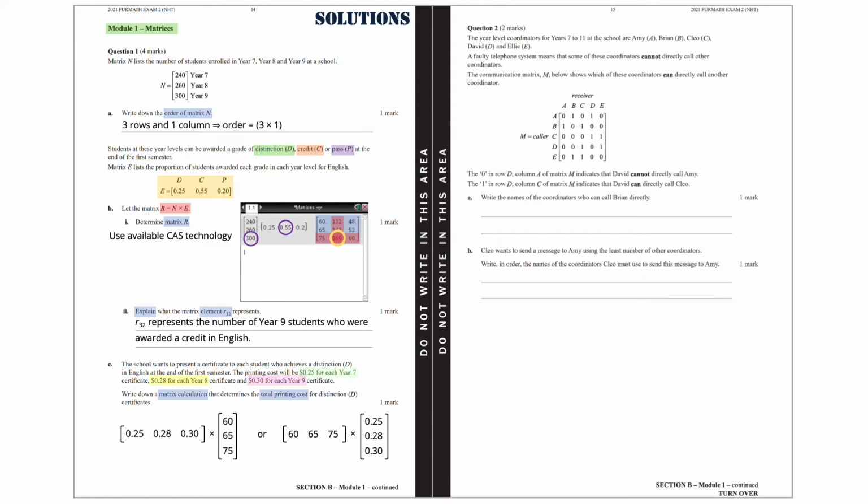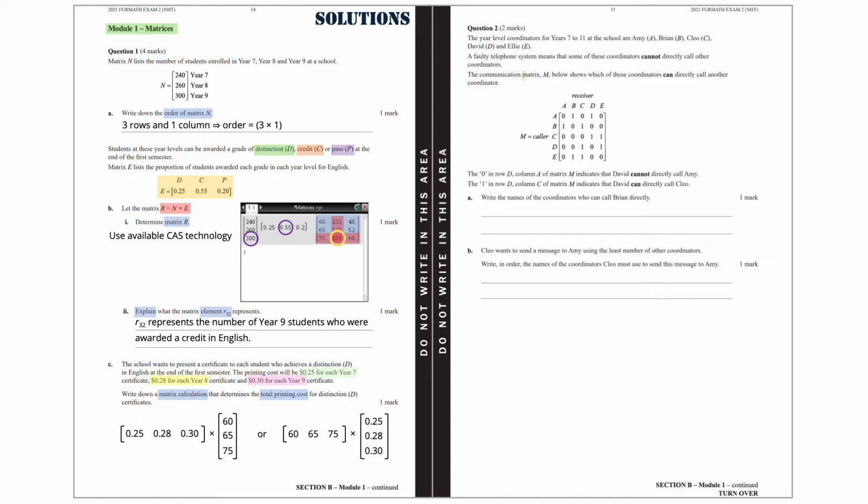Question 2. The year level coordinators for Years 7 to 11 at the school are Amy, Brian, Cleo, David, and Ellie. A faulty telephone system means that some of these coordinators cannot directly call other coordinators.